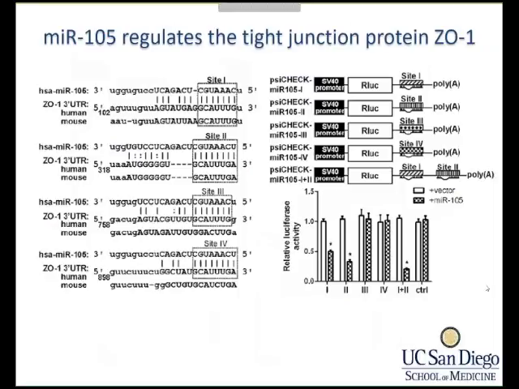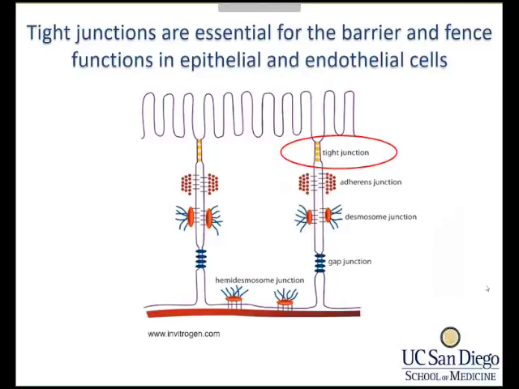So we found two conserved binding sites of miR-105 in the 3' UTR of tight junction protein 1, or TJP1, also known as ZO1, and using the reporter assay, we confirmed that these two sites indeed mediate downregulation of the mRNA target by miR-105.